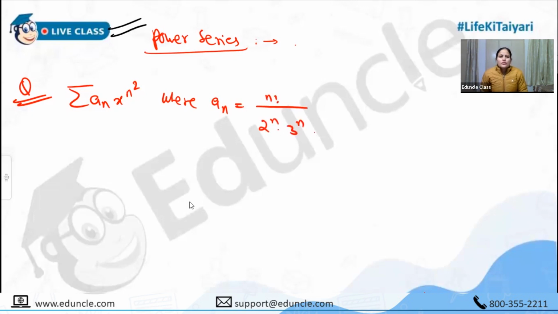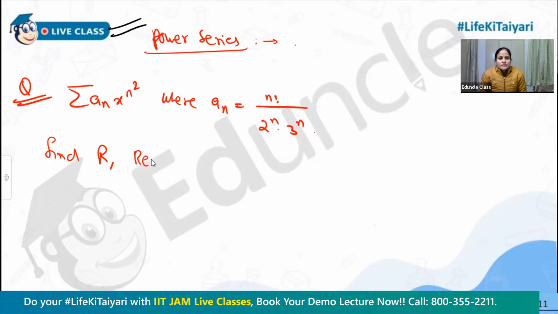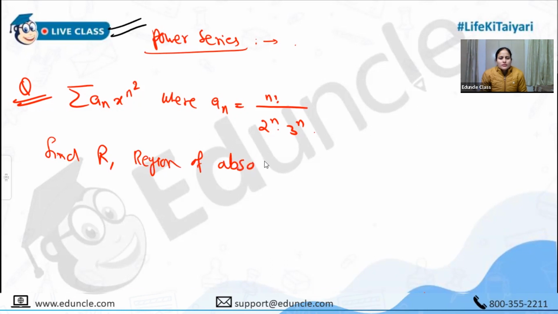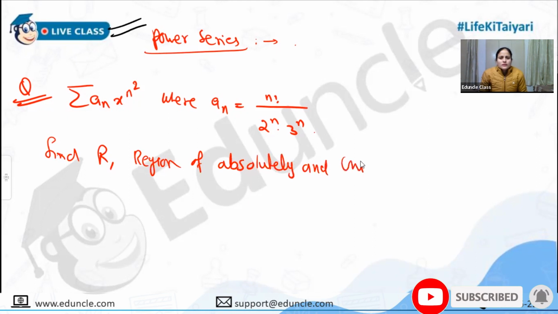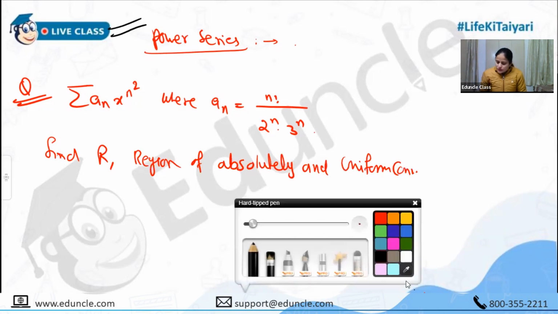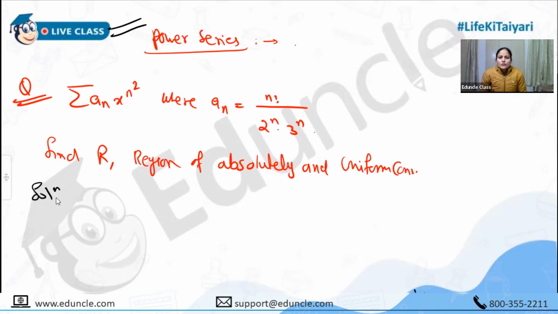We need to find here R, that is the radius of convergence, and the exact region of absolute and uniform convergence.